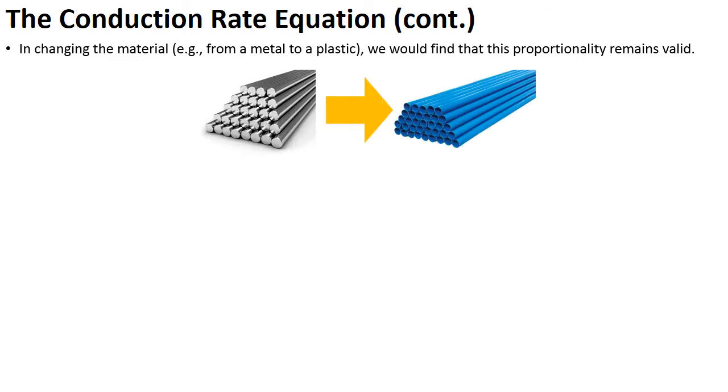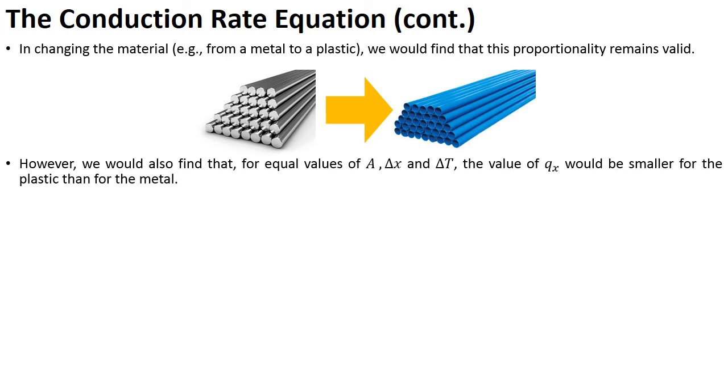But consider we have metal and plastic of the same cross-sectional area and the same length, and the temperature difference in both cases is the same. We will find that heat transfer will be maximum in the case of metal and minimum in the case of plastic.